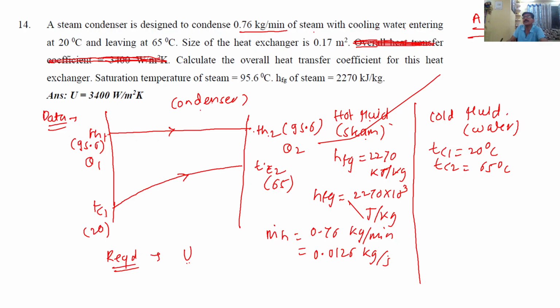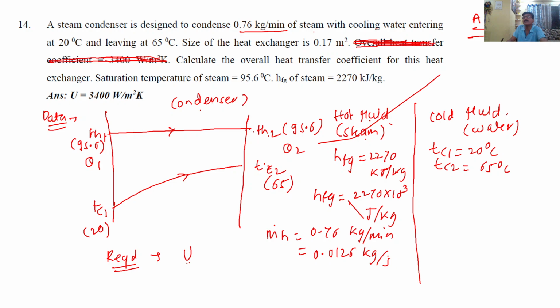CH means 26,666.56, and C max is 69,755.42. Now we will get the value of R. R is called the heat capacity ratio, and that is C minimum upon C maximum.